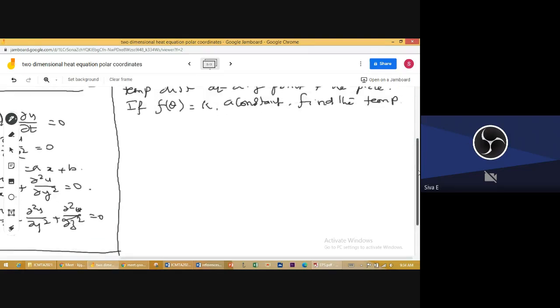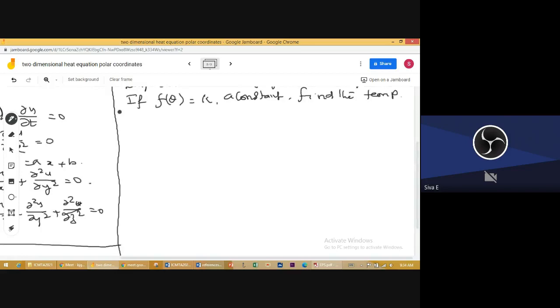First, we have to draw the diagram for this. This is the x-axis, a semicircular plate.